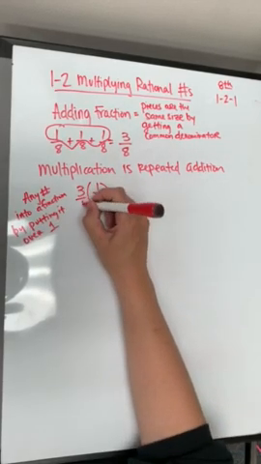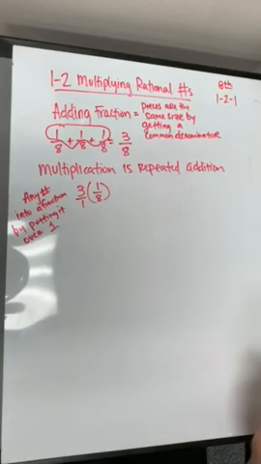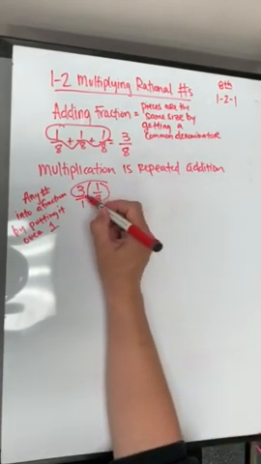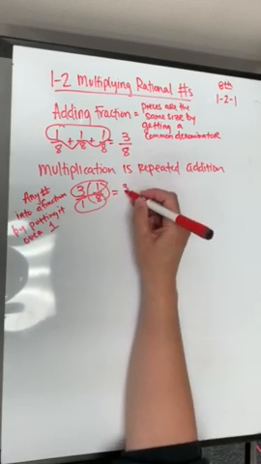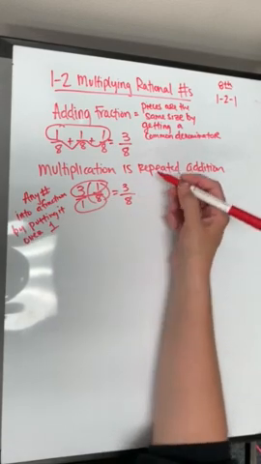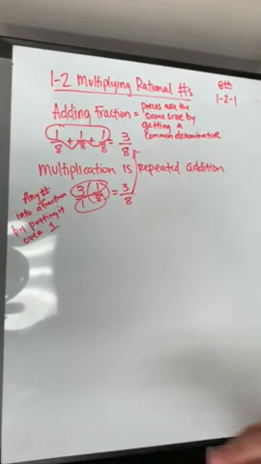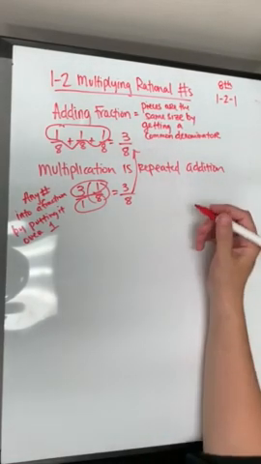So 3 I can make into a fraction by putting it over 1, and then multiplying is great because you really just go straight across the top, straight across the bottom. 3 times 1 is 3, 1 times 8 is 8, giving us that exact same thing that we got up here when we repeatedly added them.